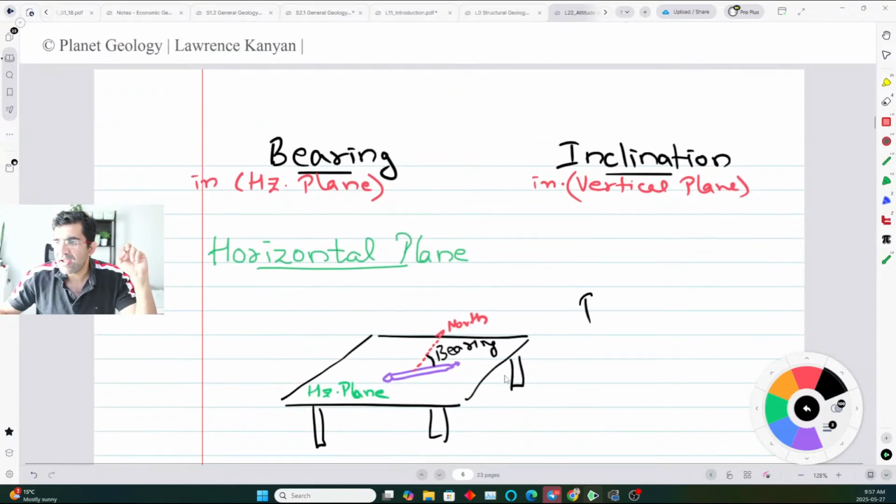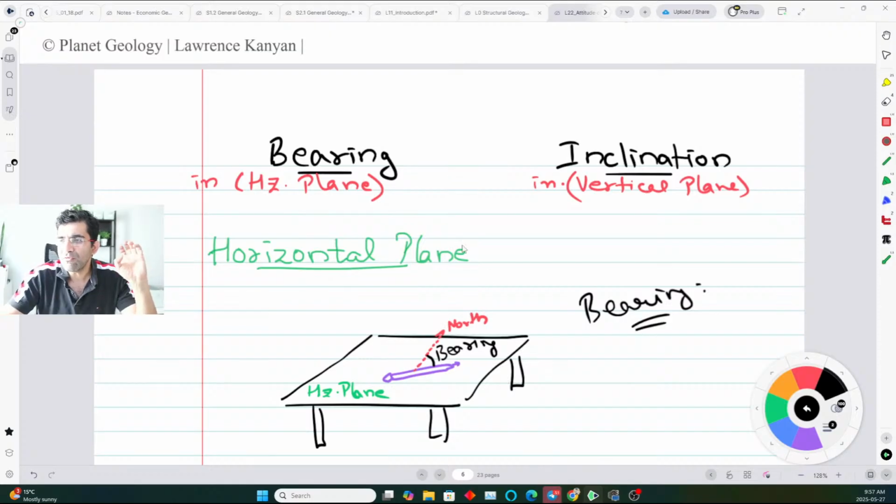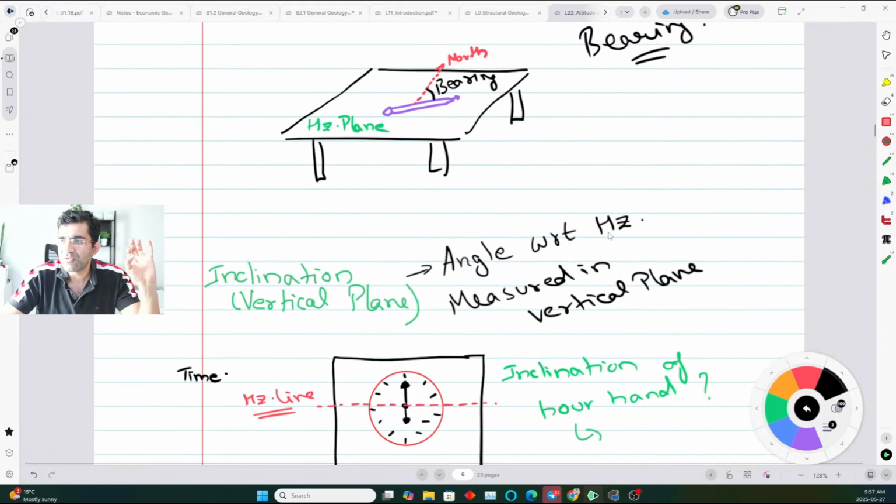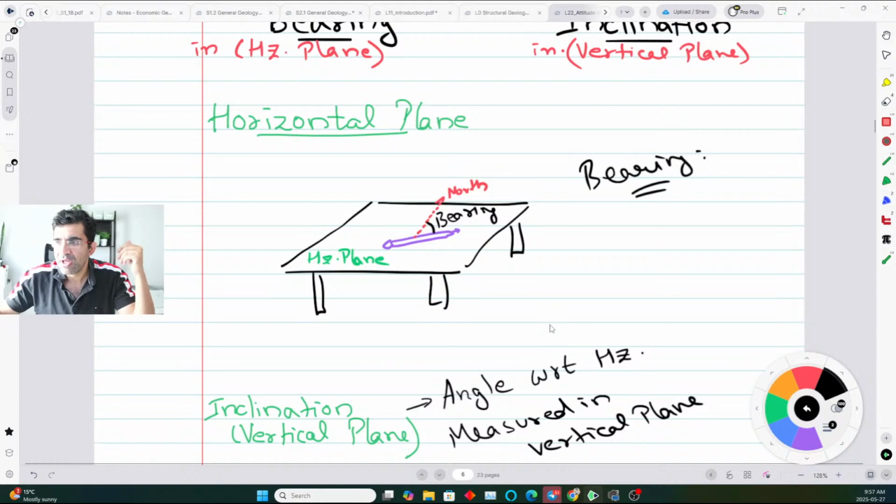Whereas bearing, you have to remember two things. It is with respect to horizontal, or is it with respect to the north direction, and in which plane is it measured. So bearing is the angle with respect to what?